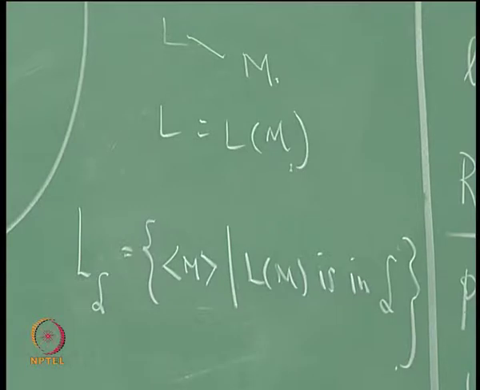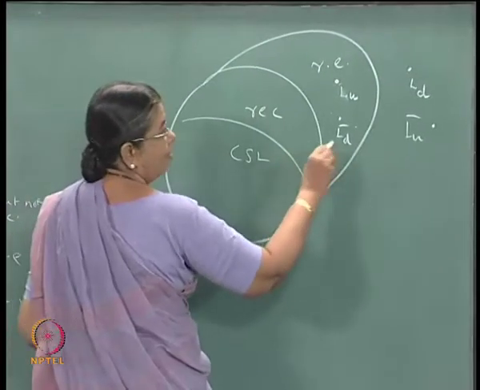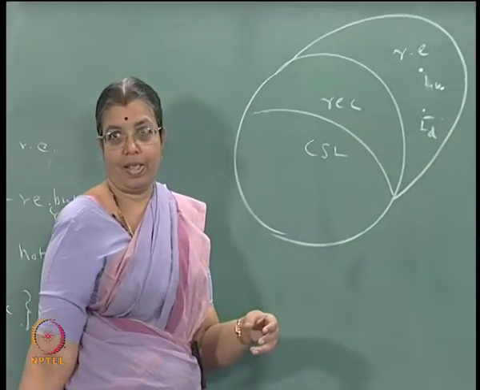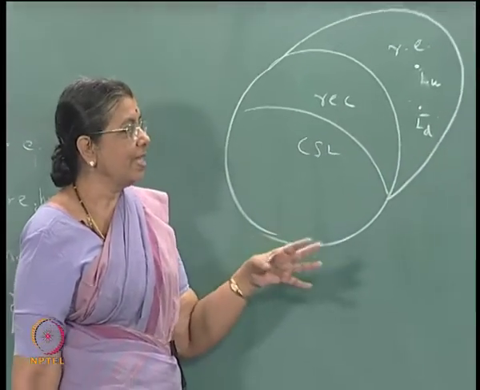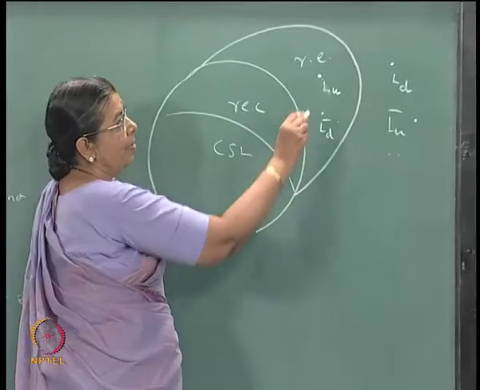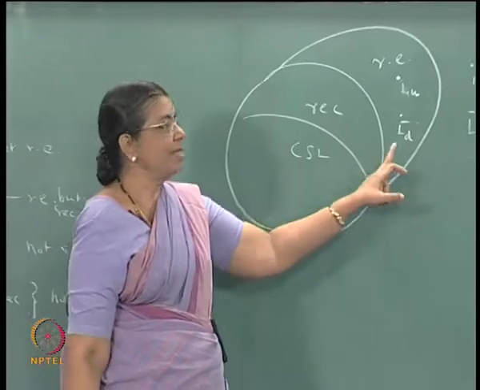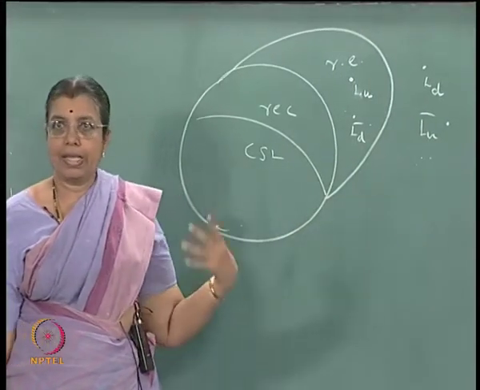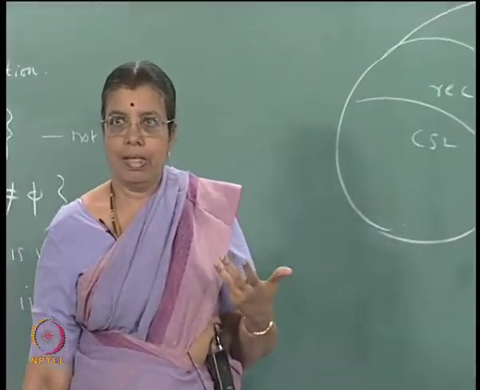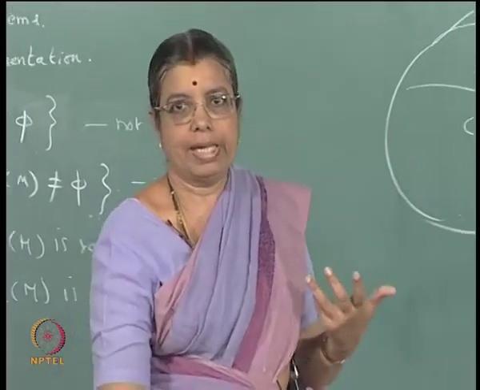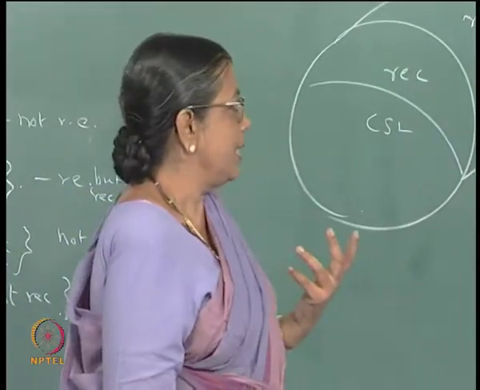It is not recursive means it could be recursively enumerable but not recursive, or it may be here also. So, if S is a non-trivial property, L of S will be here or here. In which case it will be here is again another theorem for Rice's theorem for recursively enumerable index sets. We shall consider later.